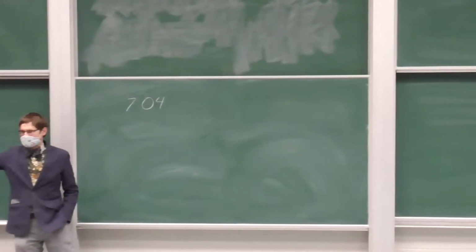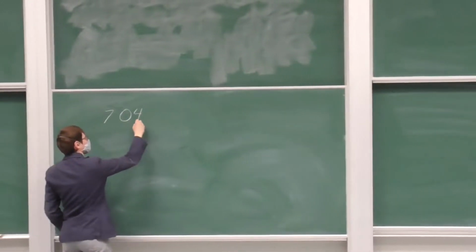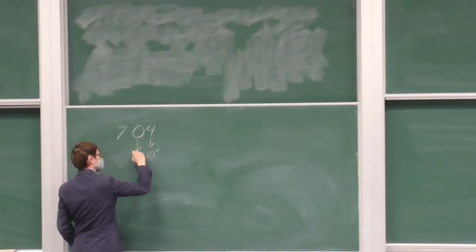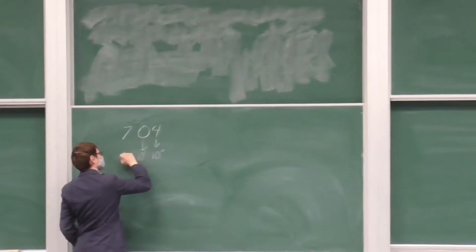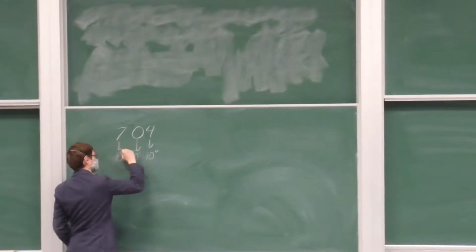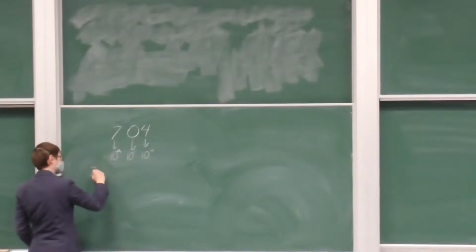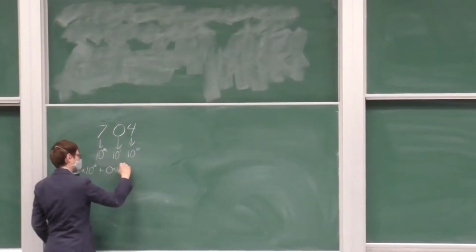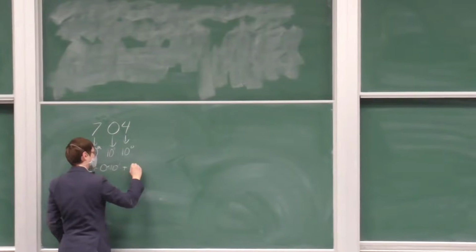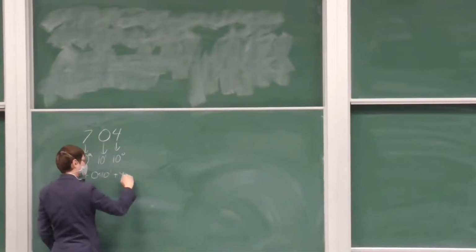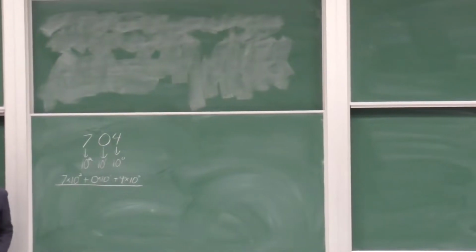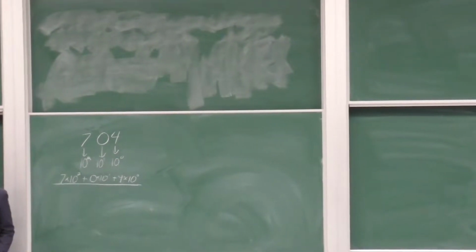This shouldn't be a shock to anybody. The 4 is associated with 10 to the 0, the 0, 10 to the 1, the 7, 10 to the 2. So if you take 7 times 10 to the 2 plus 0 times 10 to the 1 plus 4 times 10 to the 0, that constructs your number, right?